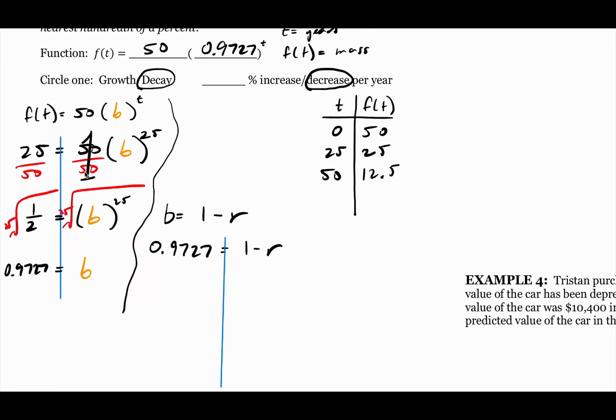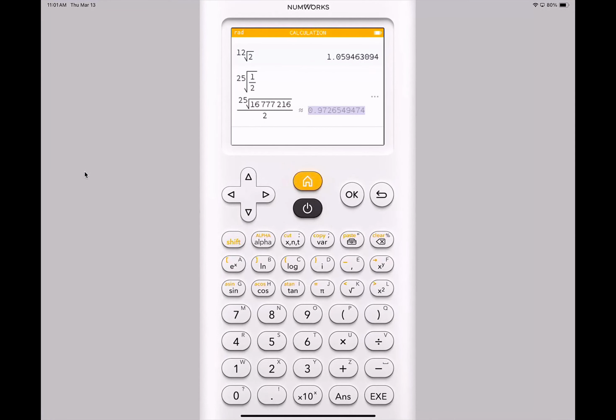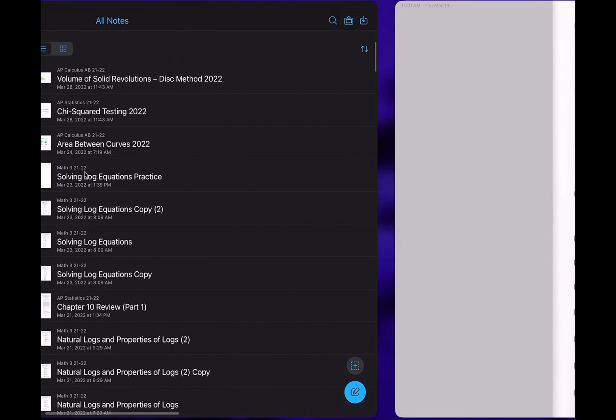So I'm going to subtract 1 from both sides. 0.9727 minus 1 is negative 0.0273.